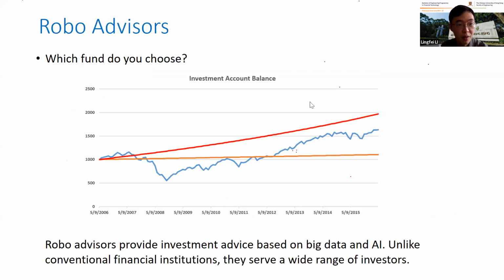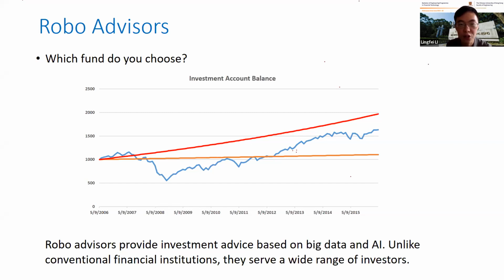So this is about the virtual banks, and then I will talk about robo-advisors. This is about financial advising. I'm not sure if you have used any of those financial services before.